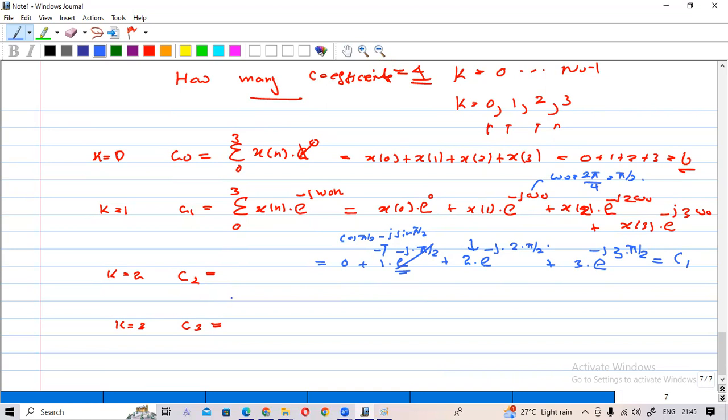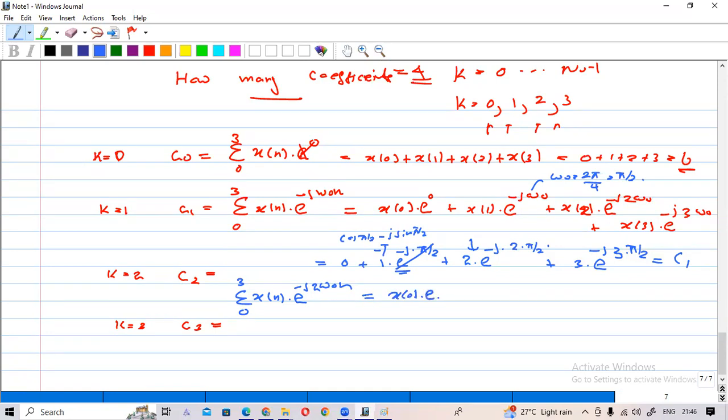So C2. You need to evaluate that summation from 0 to N naught, xn e to the power minus j, now K is 2, 2 omega naught n. Then you can expand this in the same manner.